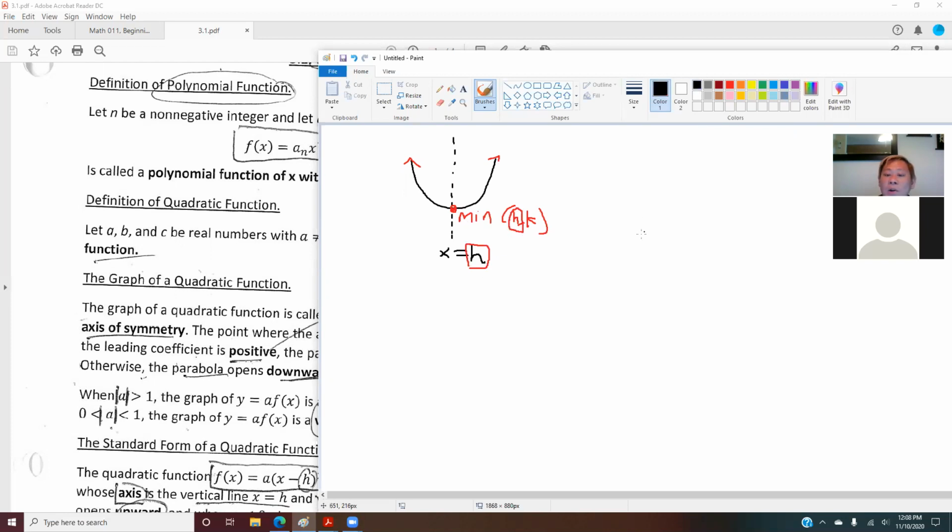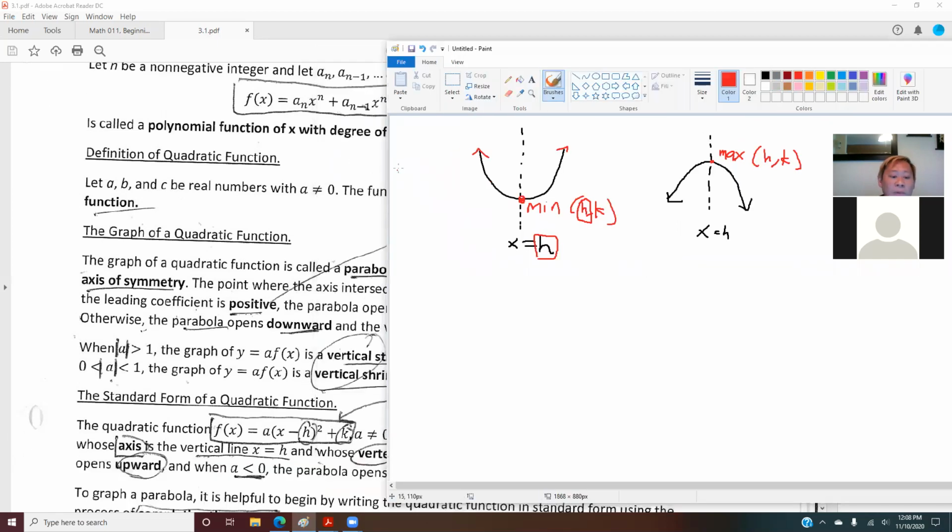And then you can also have a parabola that opens downward, and the axis of symmetry is also x equals h. And your vertex now is a maximum with the coordinates (h, k). So this is what we call open downward. How do we know if your parabola opens upward or downward?